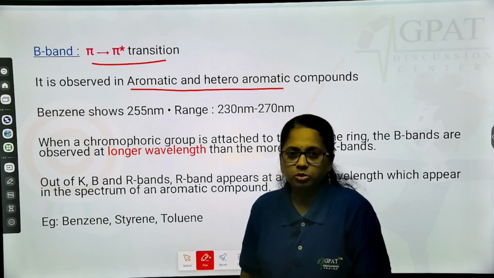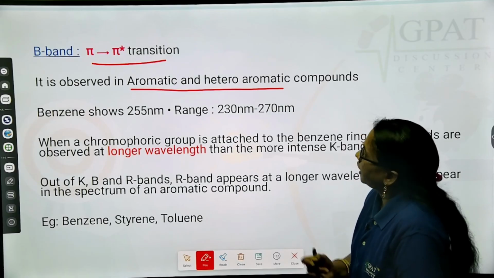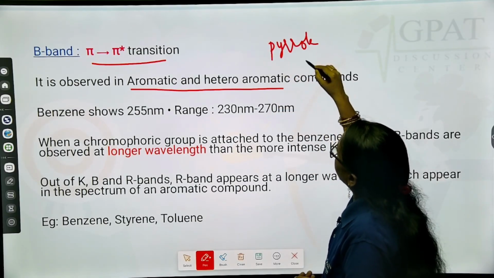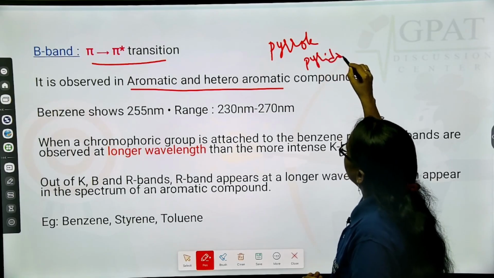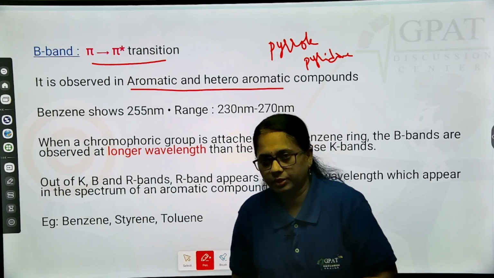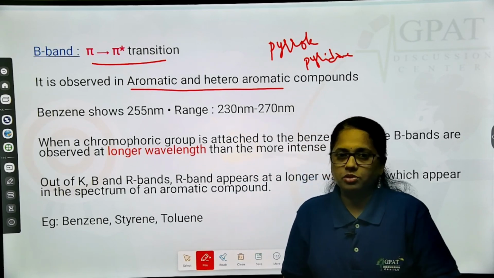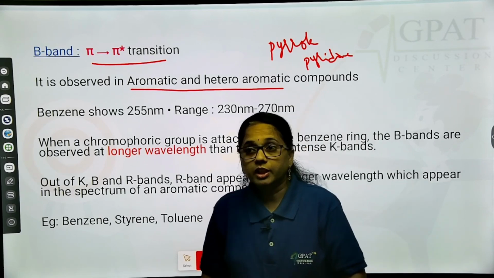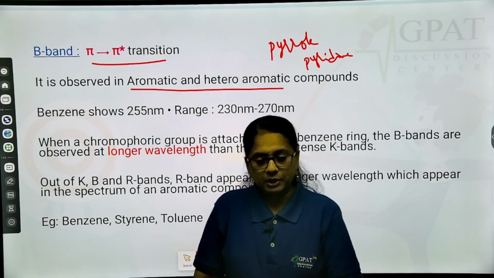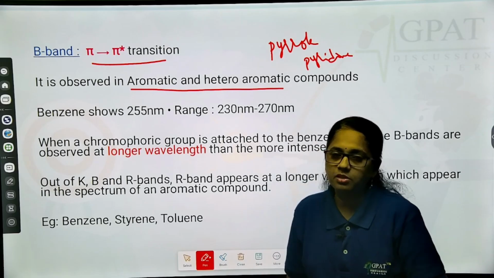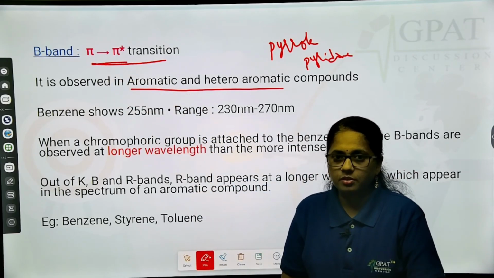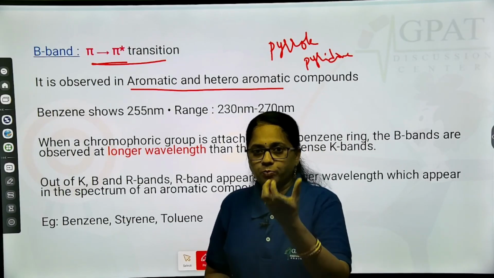Aromatic means benzene-containing compounds. Heteroaromatic compounds means pyrrole, pyridine, like this. So in such ring-containing compounds we see these B bands. In these B bands you observe pi to pi star transitions at the electronic level due to the absorption of UV light.